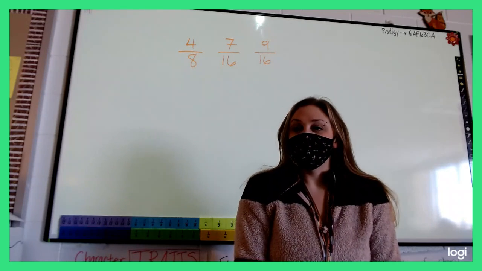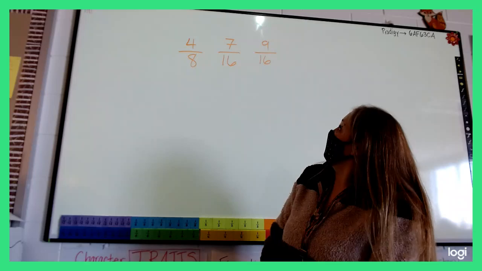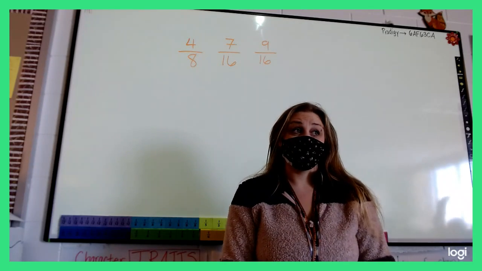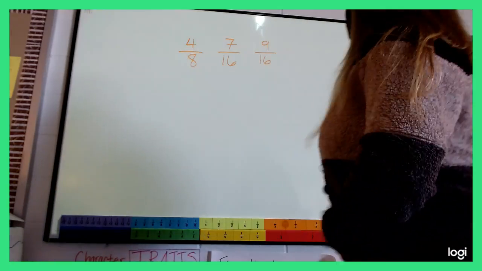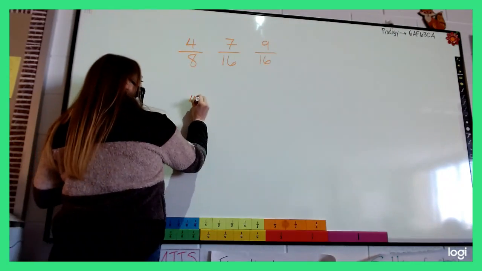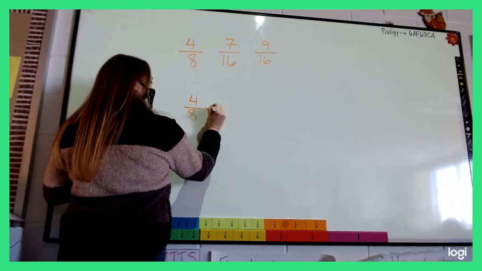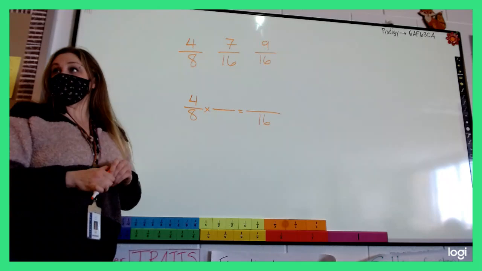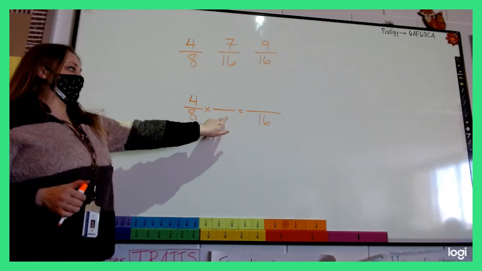Okay. Out of those 3 fractions, which one do we need to fix so the denominators match? Noah? 4/8. All right. So you just copy down your 4/8 times something over something equals something over 16. And then all of our denominators match. Quentin, what has to go here to make it true?